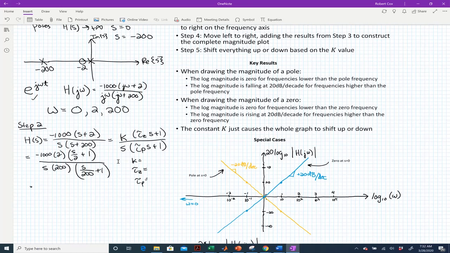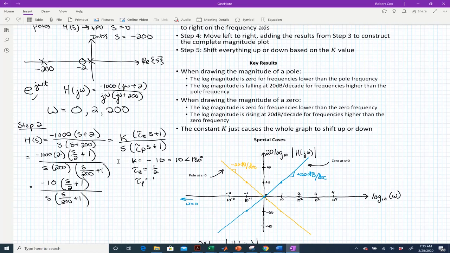To simplify that, I have minus 1,000 times 2 divided by 200, which should give me minus 10, because I have minus 2,000 divided by 200. So I should have minus 10 times (s over 2 plus 1) over s times (s over 200 plus 1). Looking at this, my K is negative 10, or remember, that's 10 with an angle of 180 degrees. My tau z is 1/2.